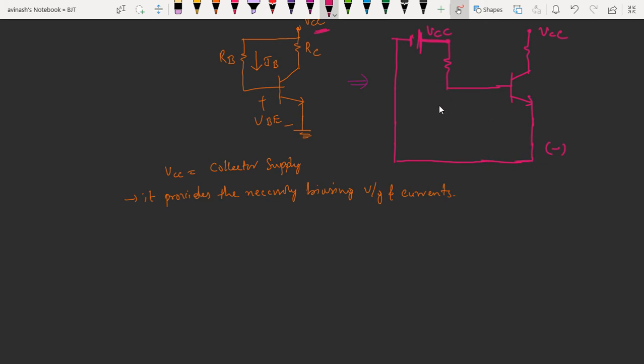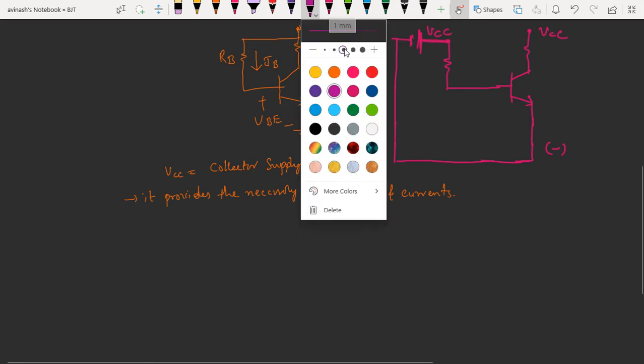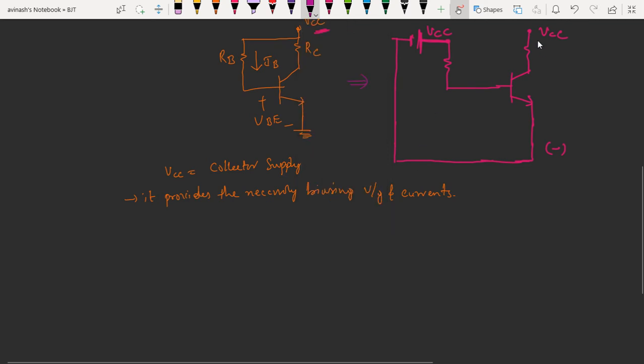Now here it forms the input side, whereas this collector voltage can be split in this way. This is another positive potential. This plus and minus will be connected like this.